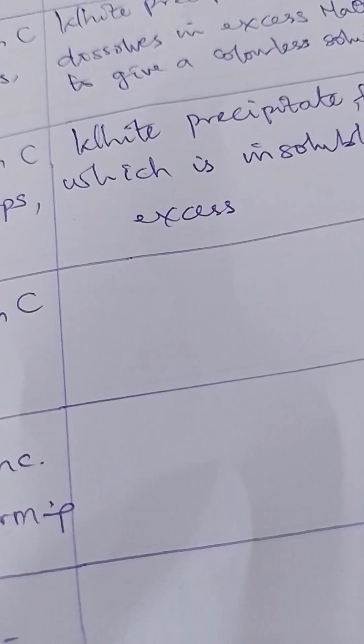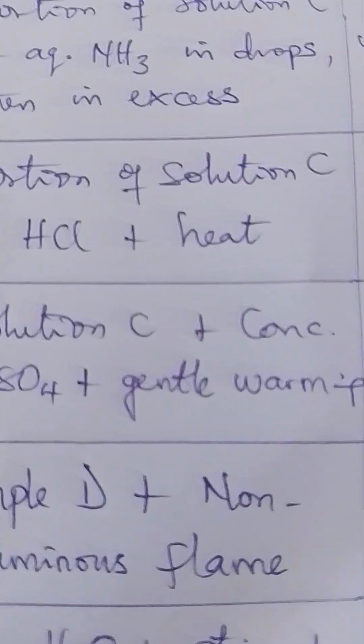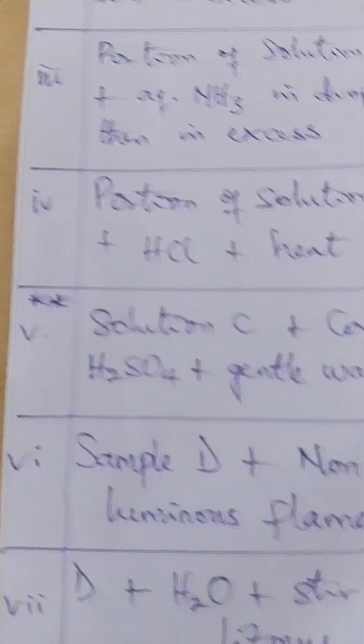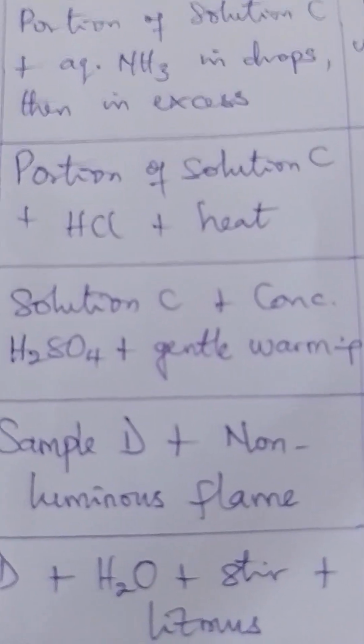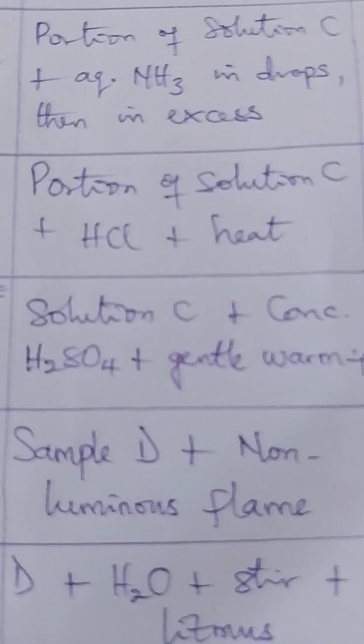Zinc should be soluble. That one is off now, so we have streamlined it from 3 to 2, and the next one will help you to get which of these 2 is present. So in lieu of that, what do we have? This fourth one, which is portion of solution C plus hydrogen chloride. It could be dilute.